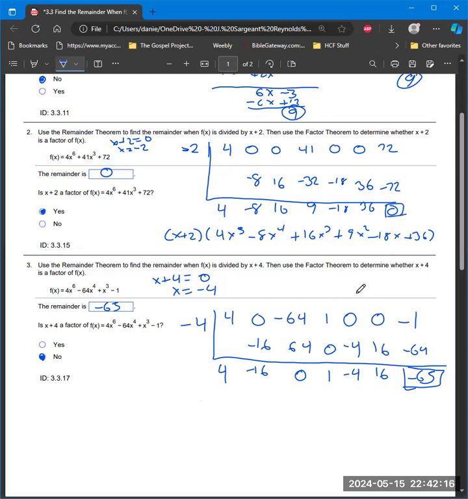So why is that? As I wrote it in factored form here, if I stick this negative 2 into this, this is what f of x is equal to right here in factored form. If I stick negative 2 in there, 0 times anything over here is 0. If I end up with a remainder there, it looks something more like this. X plus 4 times 4x to the 5th minus 16x to the 4th plus 0x to the 3rd plus x squared minus 4x plus 16.